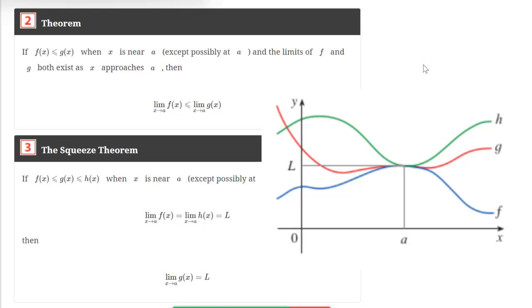Negative 1 to 1, right? So I know sine of x is always between negative 1 and 1. So if I have a function that's always greater than negative 1, I know sine's got to be between those two. We can use that information to start figuring out some other stuff. It's confusing until we actually do it.